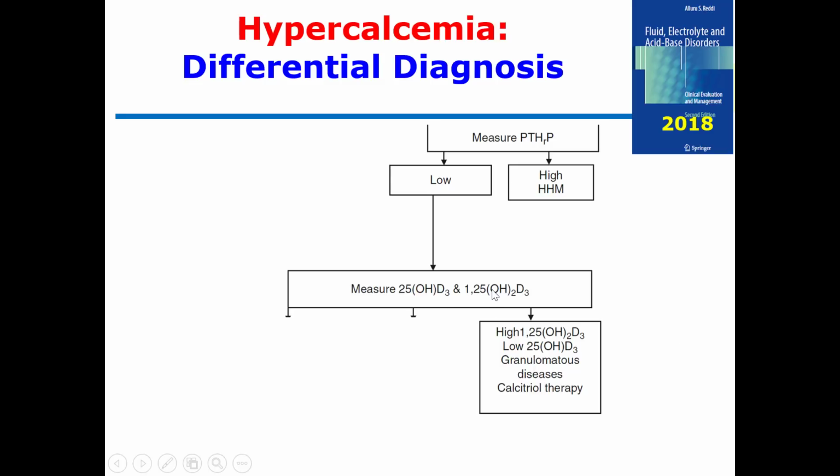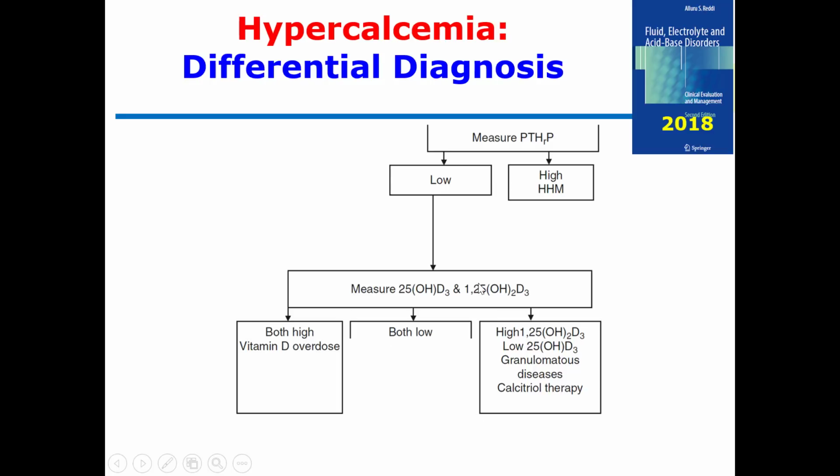So it stimulates conversion of vitamin D into active vitamin D. This is why we will have high active vitamin D and low vitamin D. If we find both native vitamin D and active vitamin D high, this is the case of vitamin D overdose.